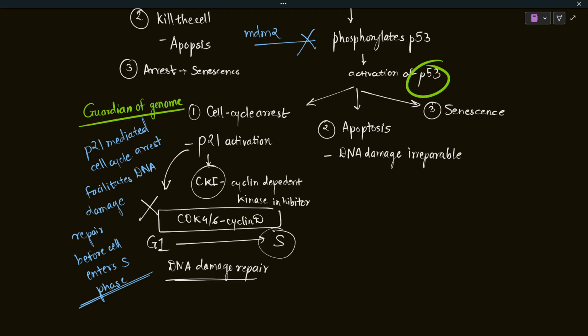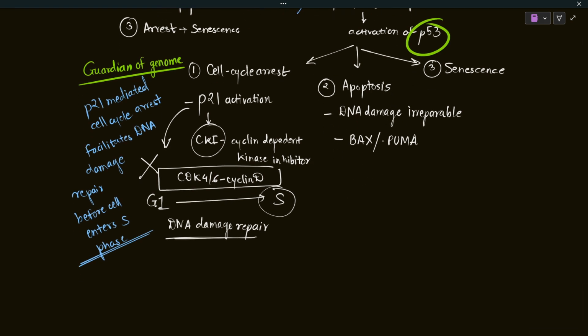So what happens is that activated p53 will lead to the activation of BAX and PUMA. Upon activation, BAX and PUMA are going to release a mitochondrial protein known as cytochrome C. So they will be facilitating cytochrome C release, and this cytochrome C release leads to the caspase activities.